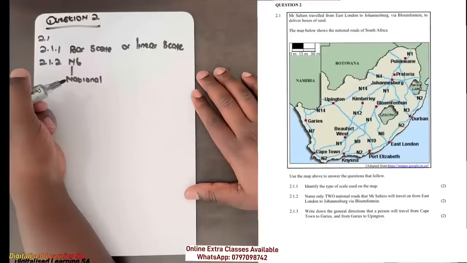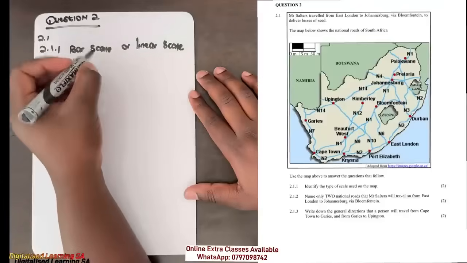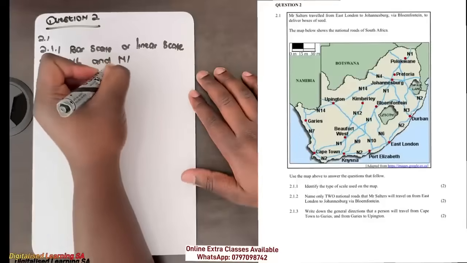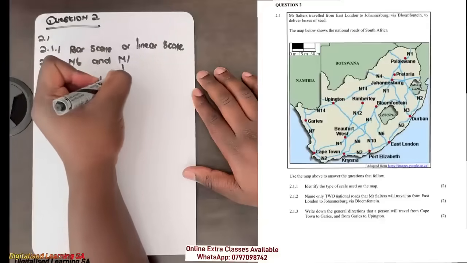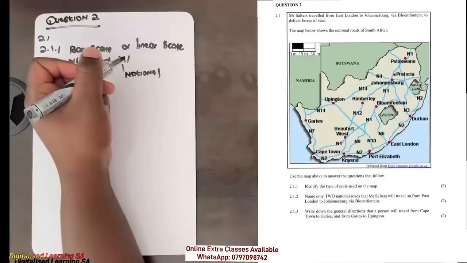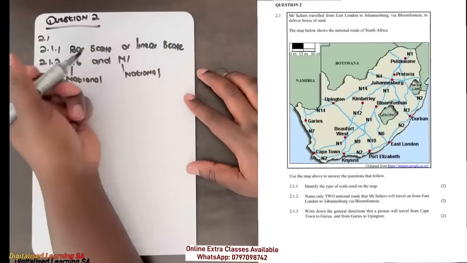And then if you check the N1, it takes him straight to Johannesburg, meaning that our answers will be N6 and N1. And N1 is also a national road because of this N that is here. Besides that, if we go back to our scenario, we are told that the map below shows the national roads of South Africa, meaning that each and every road shown on the map is a national road.